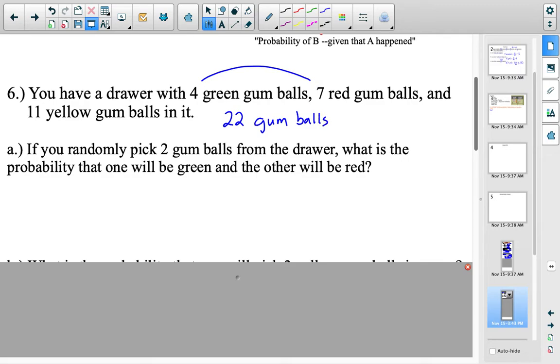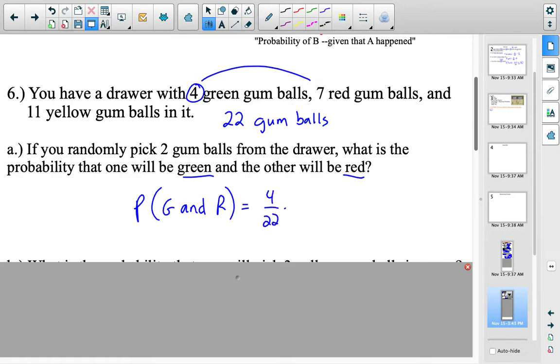If you randomly pick 2 gumballs from the drawer, what is the probability that one will be green and the other will be red? And again, we are not replacing. So we want the probability of getting a green and a red. Well, the probability of getting a green, we see that's 4, so we got 4 out of 22.